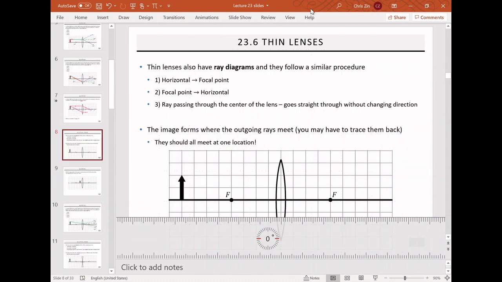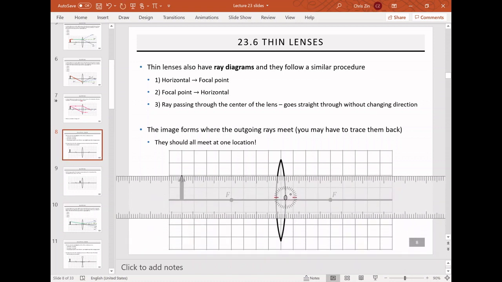As the questions on the previous few slides hinted at, lenses also have ray diagrams. And luckily, the three easy-to-draw rays for lenses follow the same rules as with mirrors, although the diagrams themselves look slightly different. So we start with the horizontal ray, the ray that starts at the top of the candle and goes horizontal until it hits the lens.